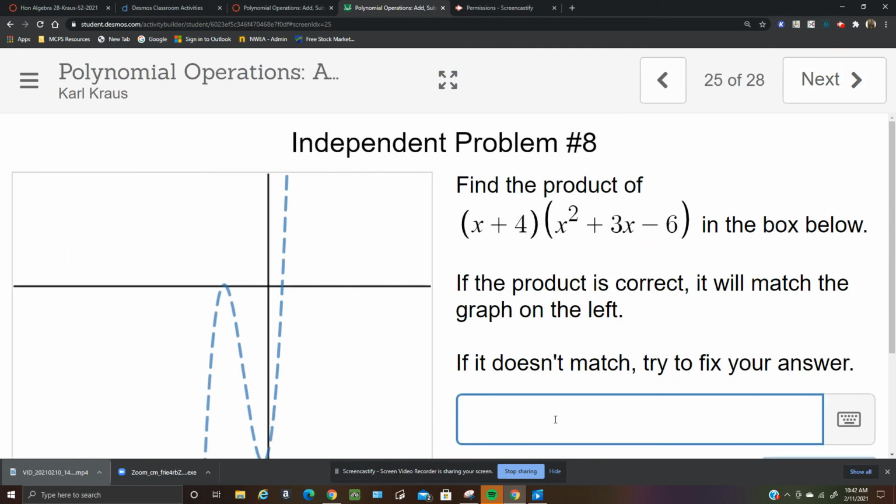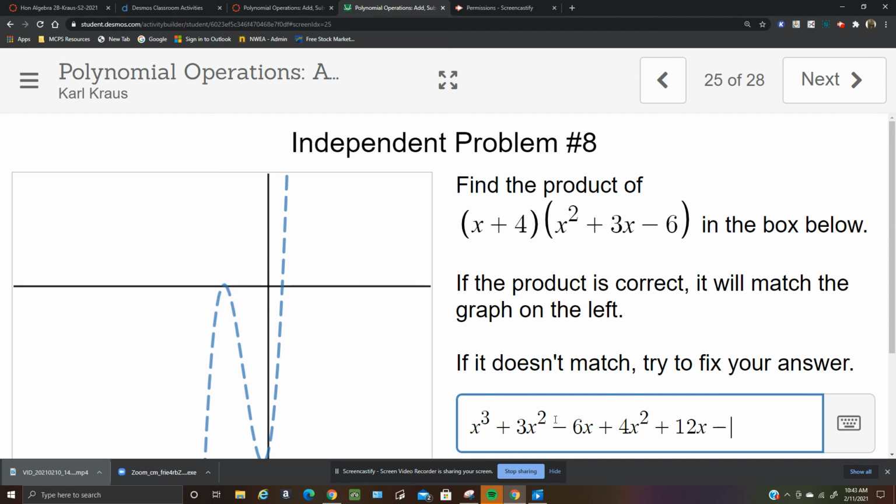And then distributing the x again to all three terms. X cubed plus 3x squared minus 6x. And distribute the 4, x squared plus 12x minus 24.